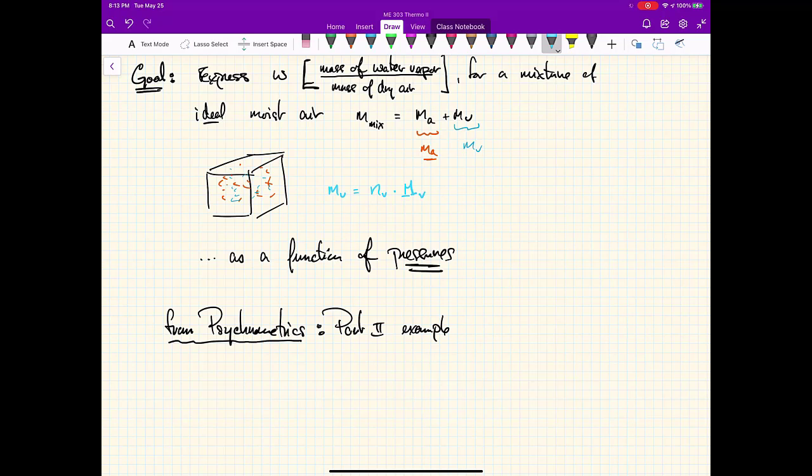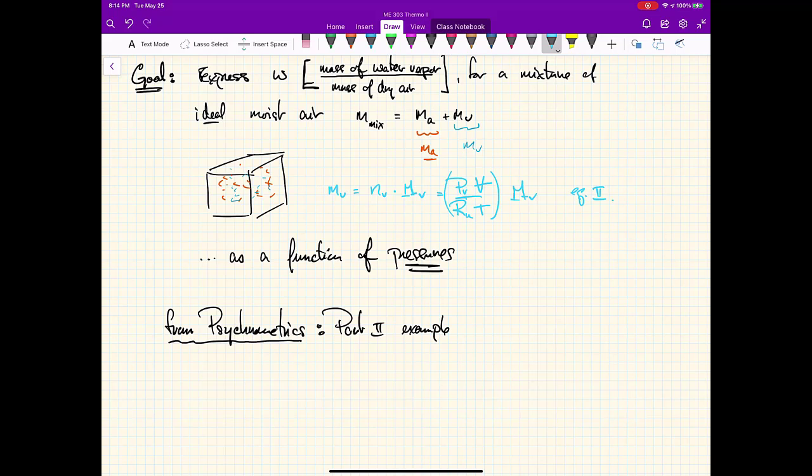And that is equal to, as we saw in the last video, the partial pressure of the vapor in the mixture times the volume it occupies, divided by the universal gas constant R sub u times the temperature of the mixture inside that box. This is the number of moles of the vapor, simply the ideal gas law, times the molecular mass of the vapor. I called that last time equation 2, so I'm simply going to repeat it here.